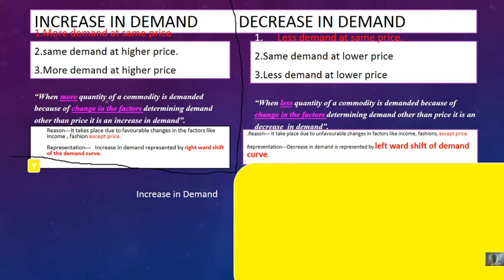Or in other words, when a more quantity of commodity is demanded because of change in the factors determining demand other than price, it is an increase in demand.